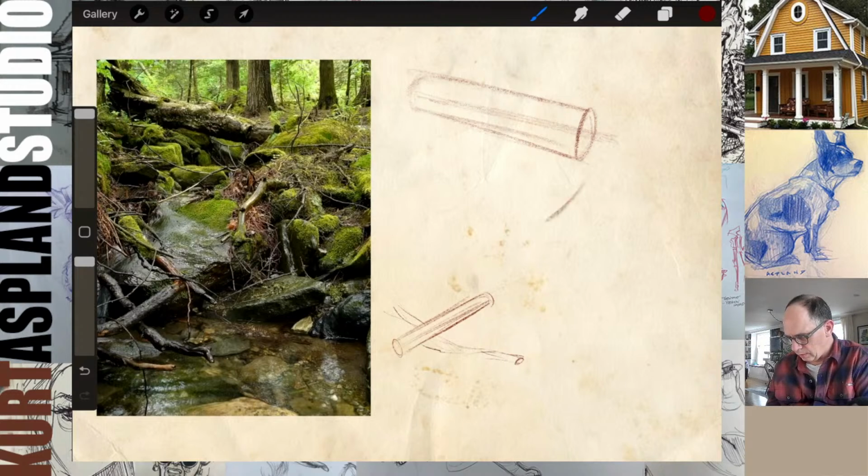And then we've got a nice brown log, or not really a log, but a big old branch falling in right here.